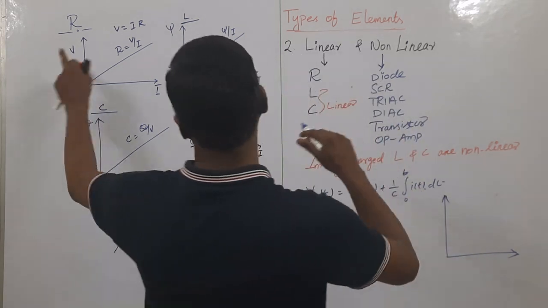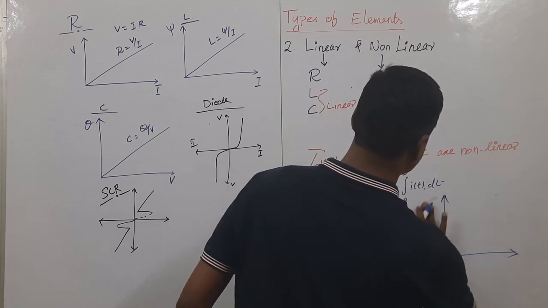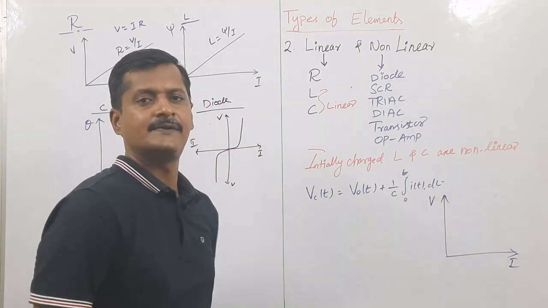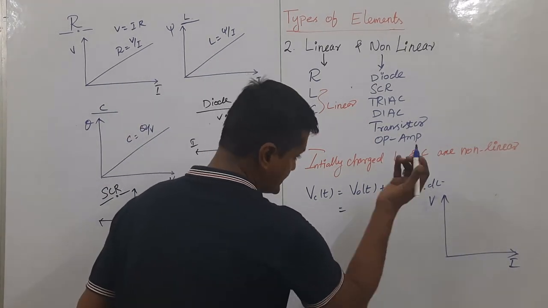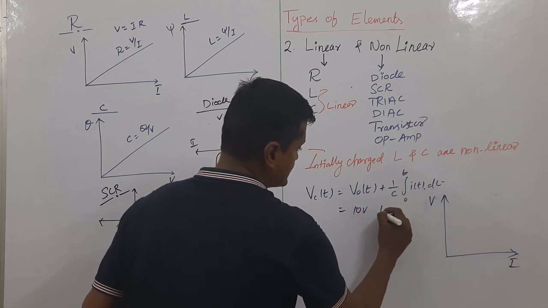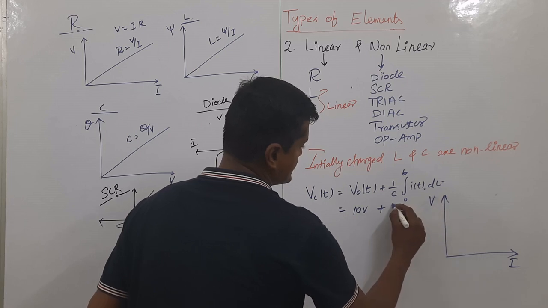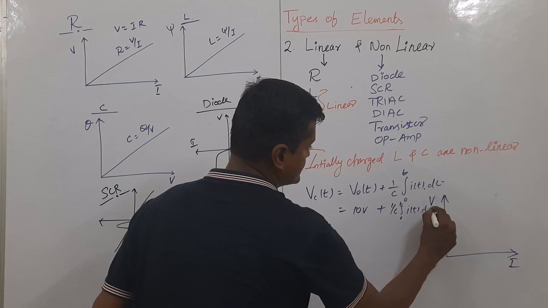For example, for an inductor, take voltage and current. Initially charged, I don't know the value. So at that time it may be 10 volt plus something, and this other value is 1 by C integral 0 to t of I of t into dt.